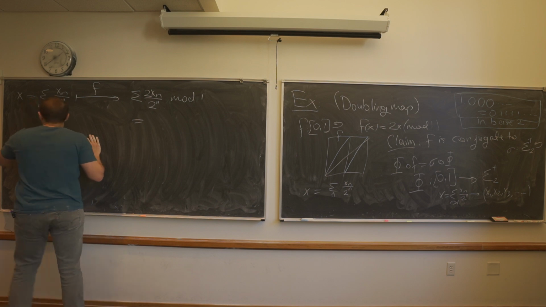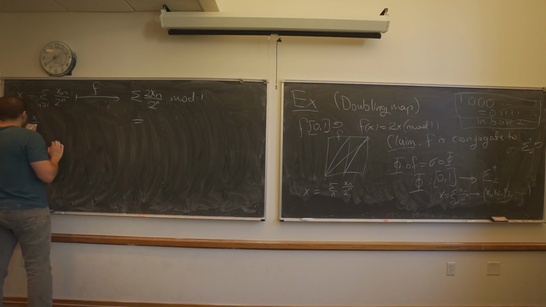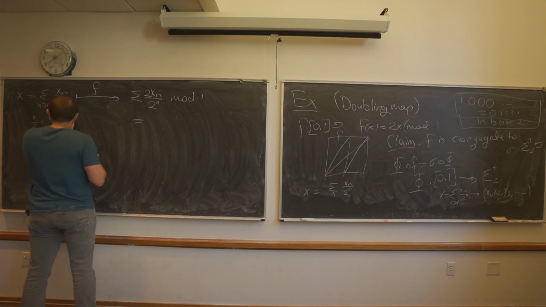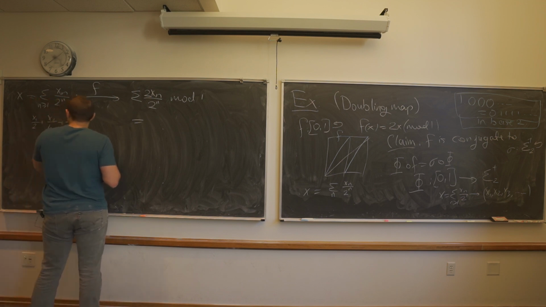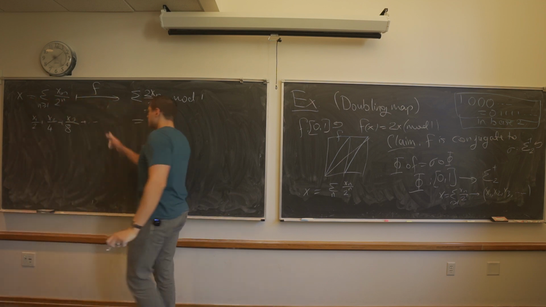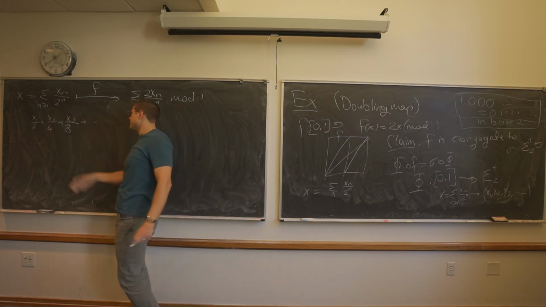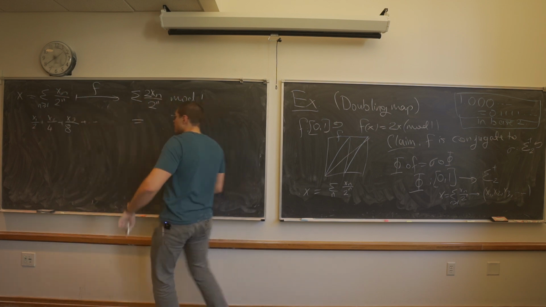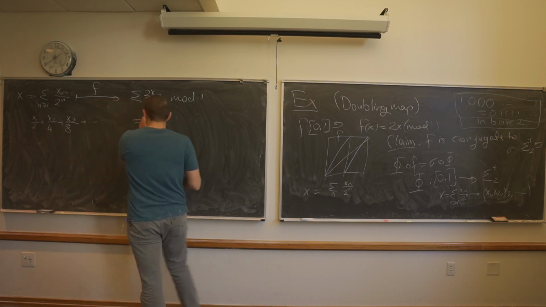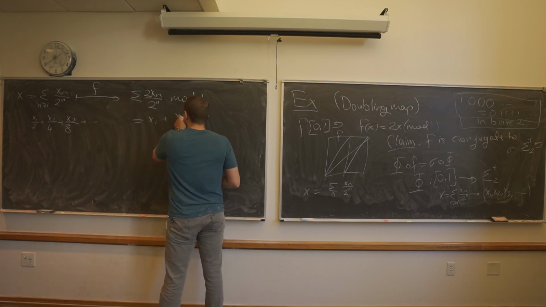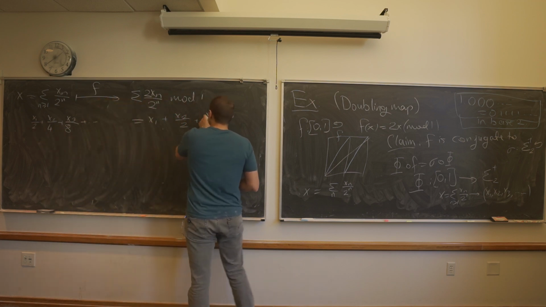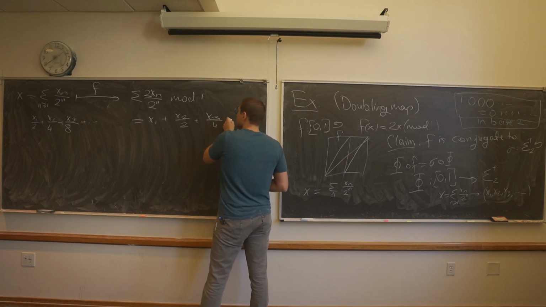So let me write this more explicitly. I started with this. The x_i's are either 0 or 1, because that's in binary expansion. When I multiply it by 2, now I get x1 plus x2 divided by 2 plus x3 divided by 4, and so on.